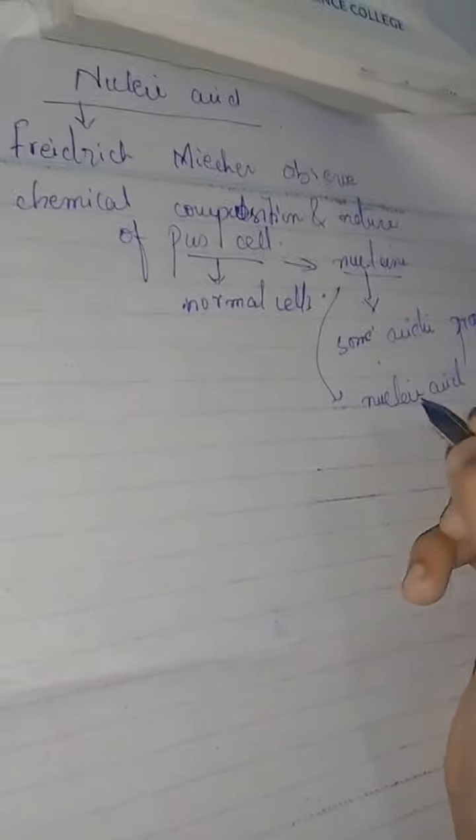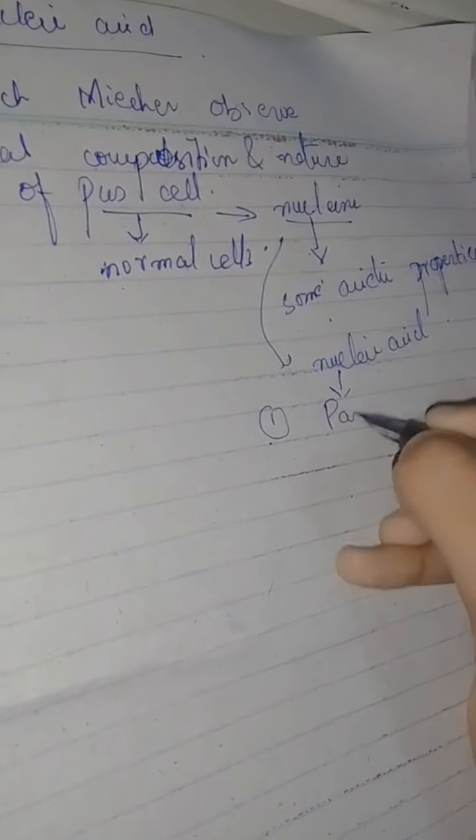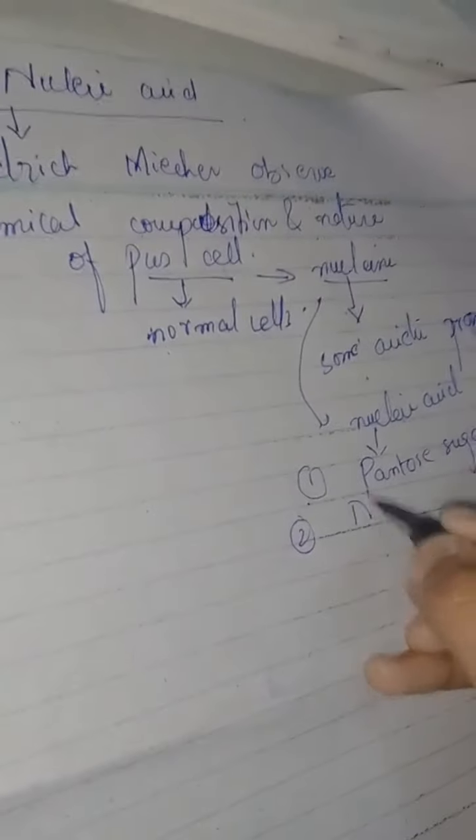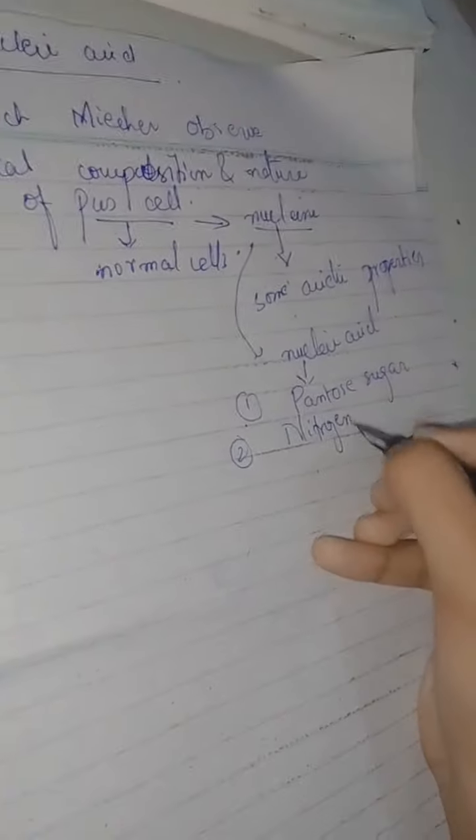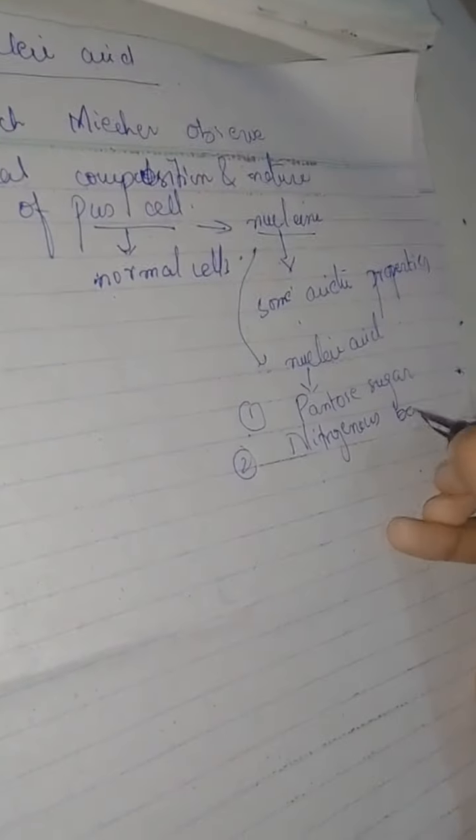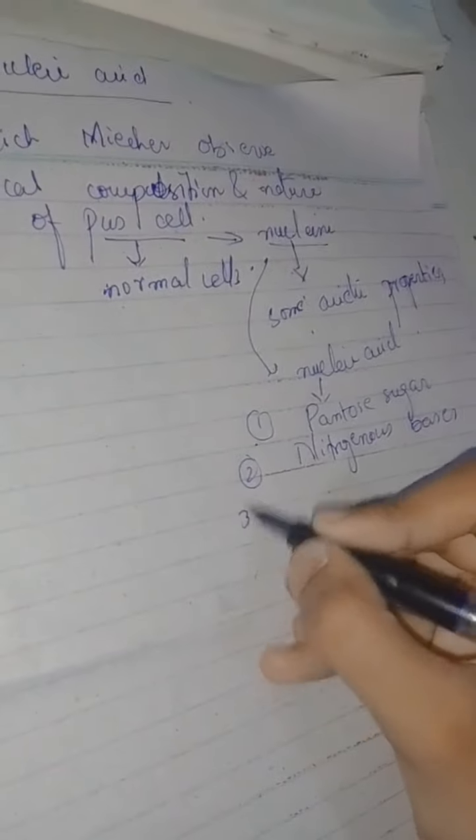Then further investigation was done and it was observed that nucleic acid basically consists of three things. First thing is pentose sugar. Second, nitrogenous bases. Third, phosphoric acid.